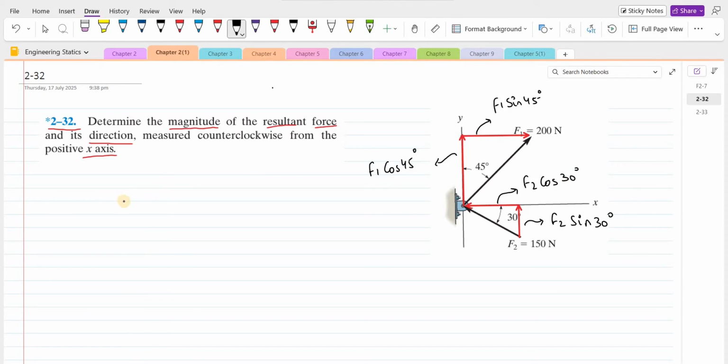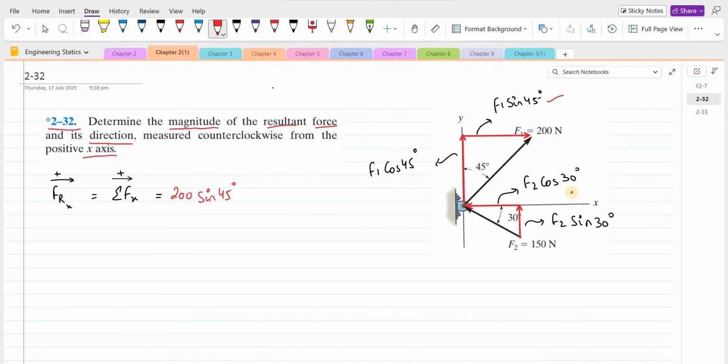So far we have resolved our forces into their components. Now we have to find the resultant force. For the x component of the resultant force, which is Frx, we have to sum the forces in the x direction. I am considering the right-hand side as positive. So we have F1 sin 45 degrees, and F1 is 200 newtons, so 200 sin 45.